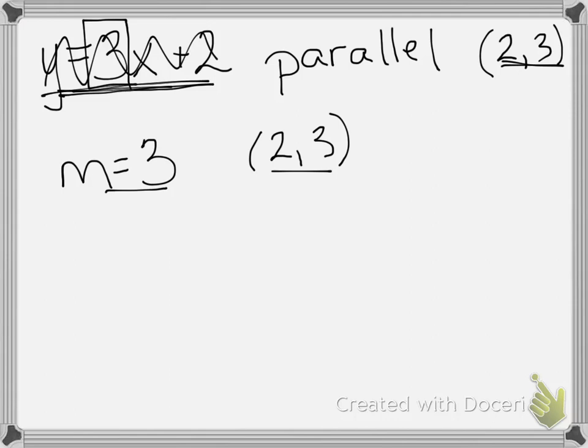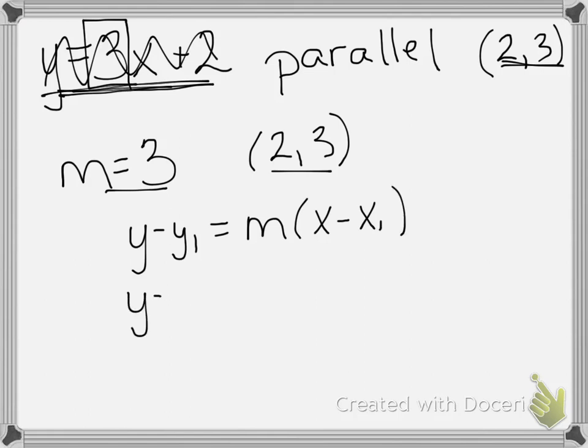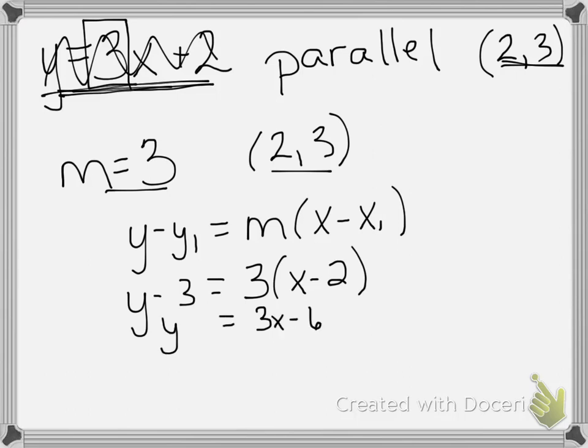So in order to write the equation, I'm going to use point-slope form, which is y minus y1 equal to m times x minus x1. So plug in the information where it goes. Y minus 3 equals 3 times x minus 2. We distribute. We've got 3x minus 6 is equal to y minus 3. I want y all by itself.